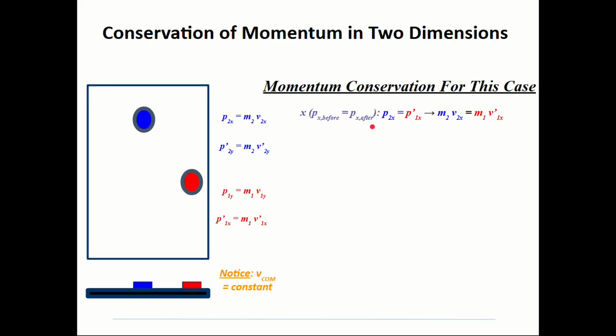The way we do this is that we set the x components equal to each other. So what we'll say is that the momentum of, say, 2x, because that's the only momentum involved in the x direction in the before case, is going to be equal to the momentum in the final case, which is p prime 1x.